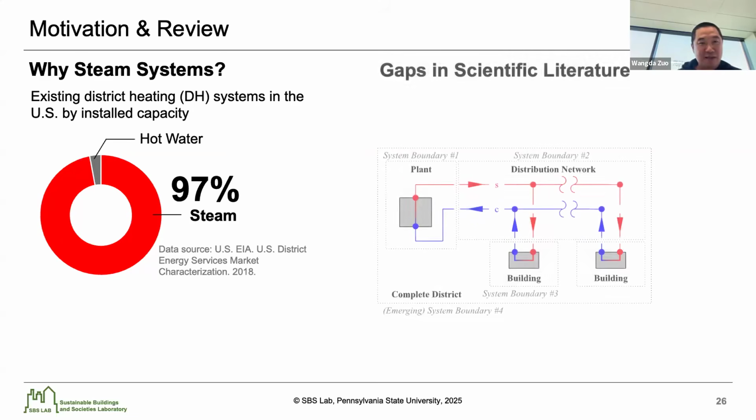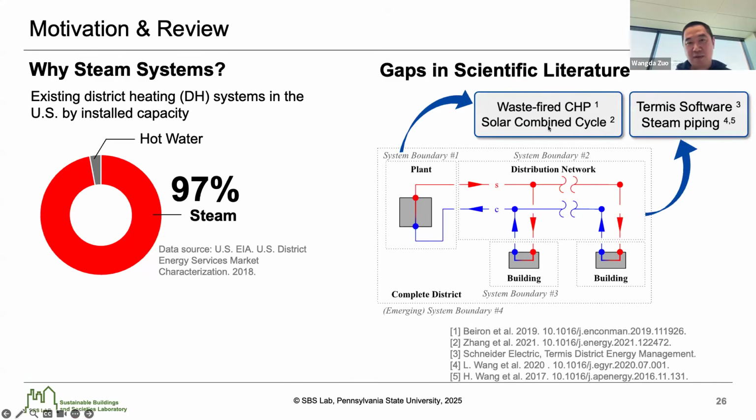Yeah, it's 97%. The gap is that, again, if you look at district heating systems, we have the plant, which generates steam. We have the distribution network. We have the buildings, right? The last one is everything. People already work on the plant side, even using combined heat and power, CHP.